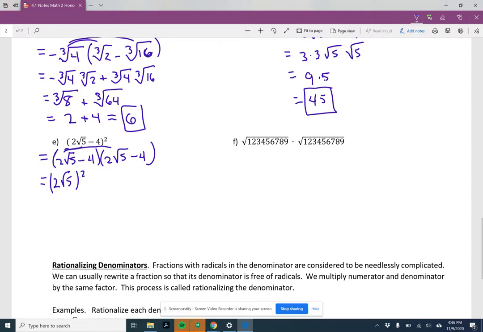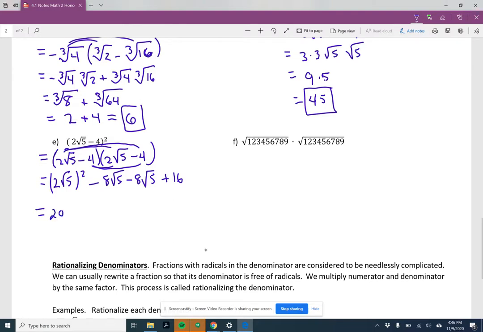Then we're going to have this: 2 times negative 4 is negative 8. Notice I can kind of treat that square root of 5 like a variable a little bit. And we're going to multiply these guys. There's another minus 8 square roots of 5. Negative 4 times negative 4 is positive 16. Okay, 2 squared is 4. Square root of 5 squared is 5.